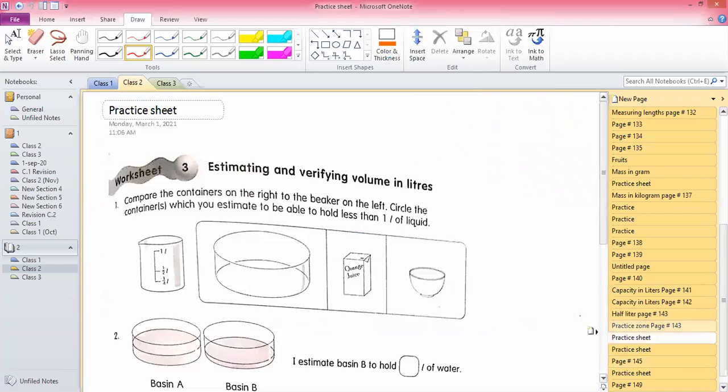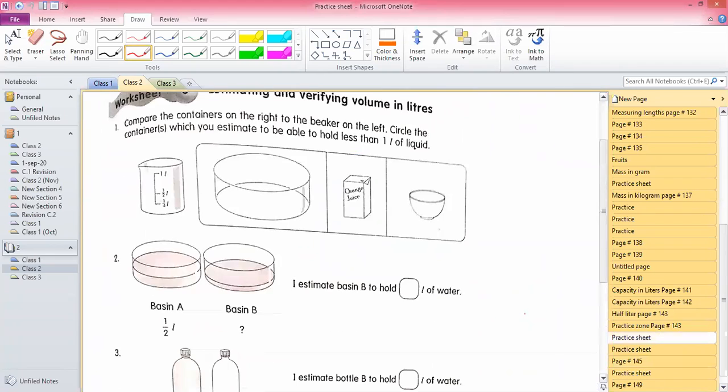In this first practice sheet, guys, you have to compare the containers on the right to the beaker on the left. Like a liter jug, there is a beaker, but the concept is the same. This is 1 liter, this is half liter, and this is quarter liter.